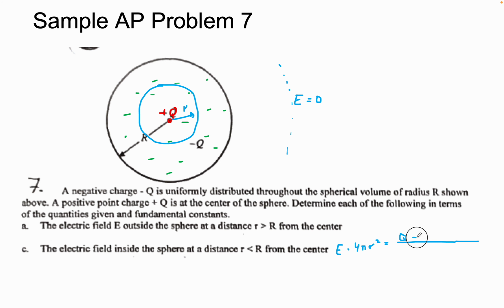Instead of saying plus negative, I'm just going to say minus Q. And again, we're going to do that same ratio thing we did before. 4/3 pi R cubed over 4/3 pi big R cubed.